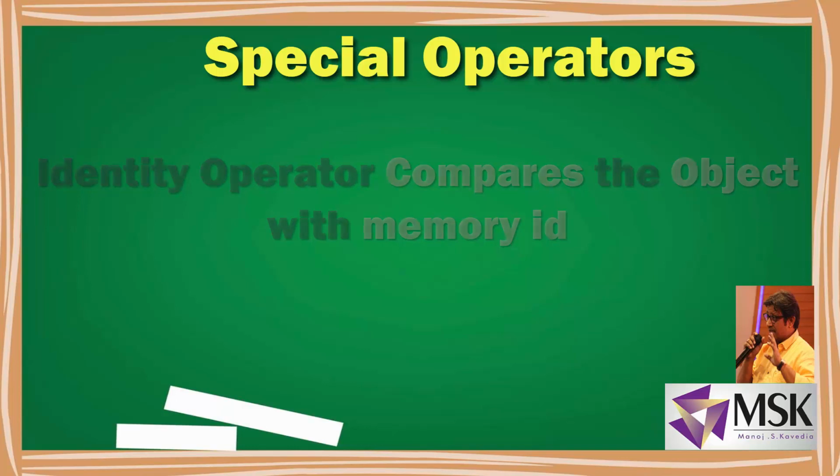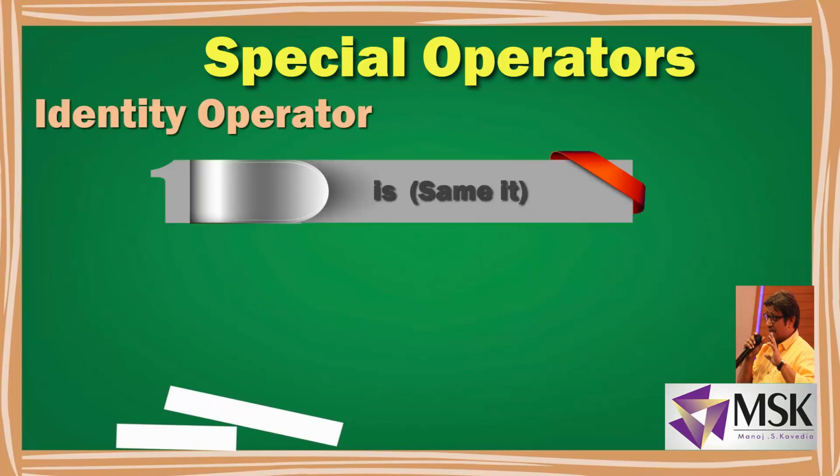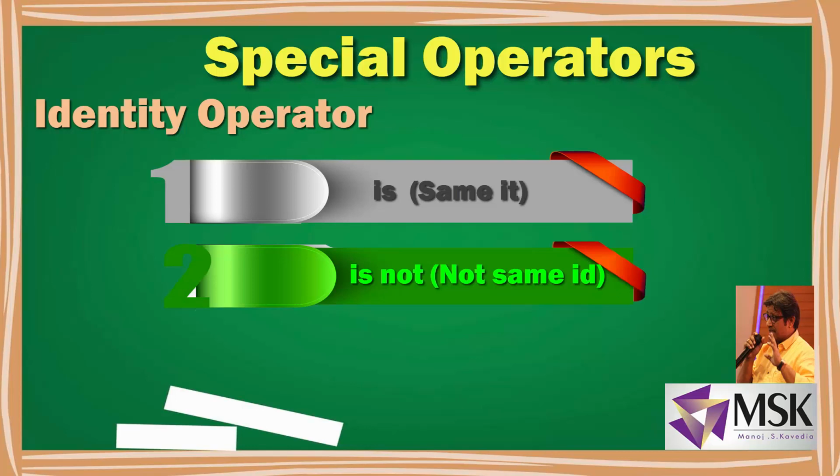So in identity there are two operators, is and is not. Is returns true if both the variables are the same object and is not returns true if both the variables are not the same object. So is is true if they are the same object and is not is true if they are different objects.